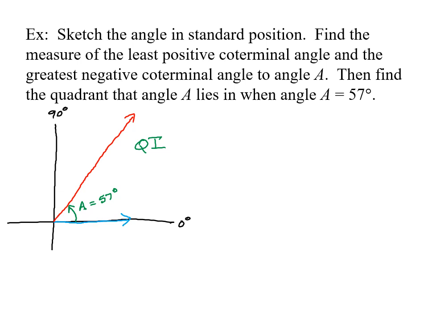So let's do the other parts. So the least positive coterminal angle. So if I have 57 degrees, I could add 360 to it to get the least positive. I can't subtract 360 because I'll go in the negatives. So if you add it, 7 plus 5 makes 12, carry the 1, you get 417. That is the least positive coterminal angle.